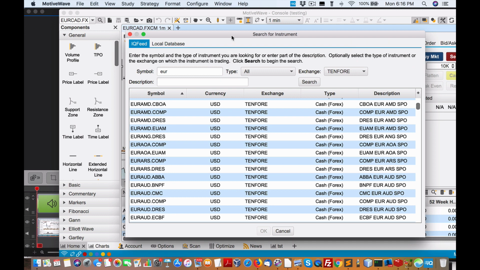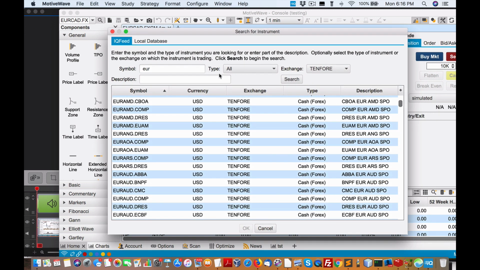Just for those that may not know, there's IQFeed, the basic forex feed. On top of that there's this provider called 10.4, which gives me access to over 40 different forex providers out there, not just FXCM in this case.